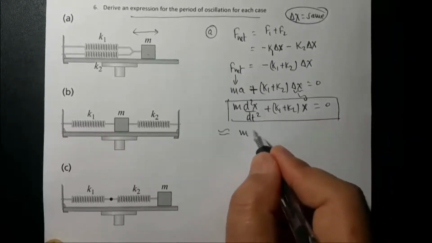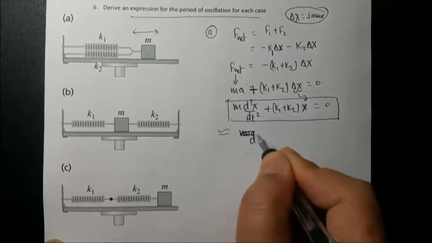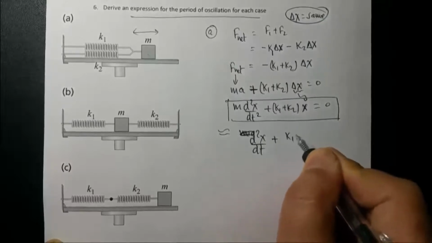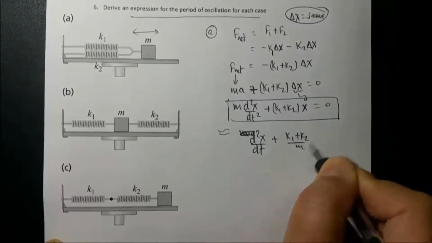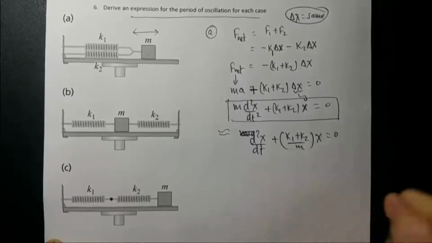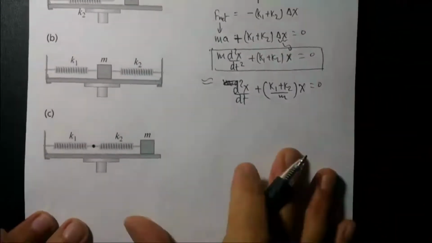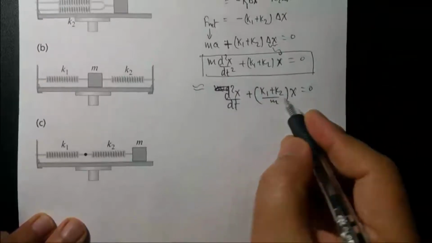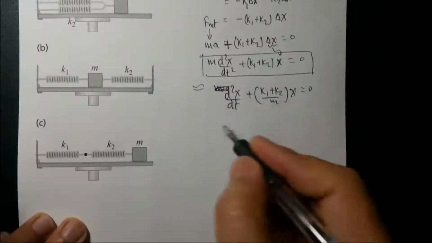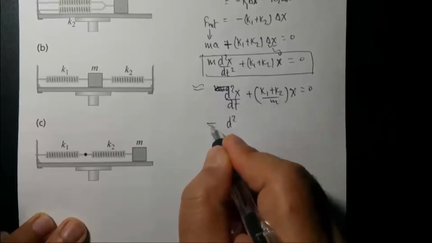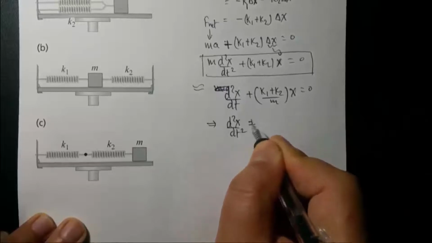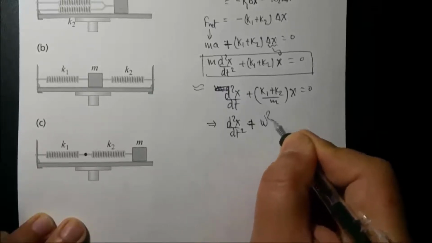First let's do some rearrangement and divide both sides by mass. This is a second order differential equation, and its solution is an oscillatory solution. If you compare with our standard differential equation, it will be d²x/dt² plus omega squared x is 0.